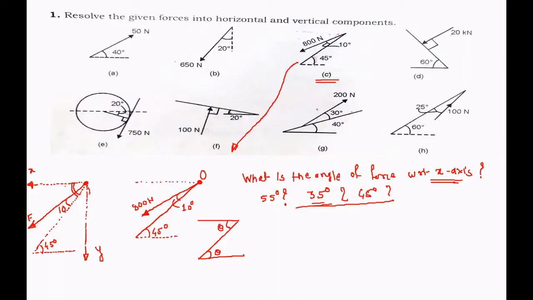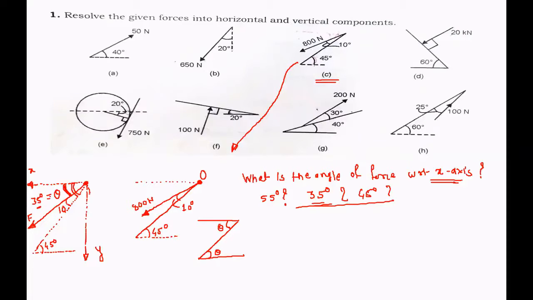But we are interested in this angle, that is the angle between the x-axis and the force. So this angle is theta, and this total is 45 degree minus this 10 degree. So it will become 35 degree. Okay, so I hope it is clear how to find this angle, and the angle is 35 degree.